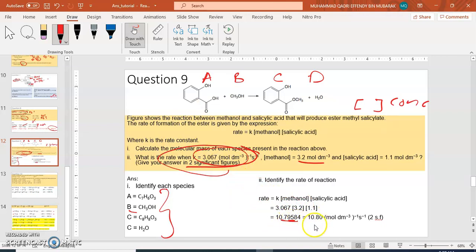So the answer is 10.80 mol dm cube. This is the rate unit, the dimension. We can eliminate the dimensions and obtain the final dimension. So this is how we answer question 9.